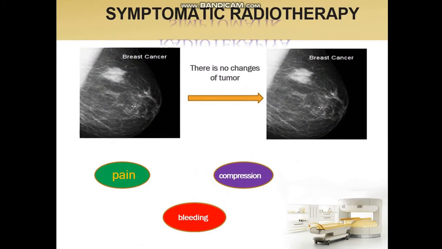In this picture, you can see the principle of symptomatic radiotherapy. There is no change in tumor size, but with the help of symptomatic radiotherapy, we can decrease different signs of malignant tumor, such as pain, compression, and bleeding.